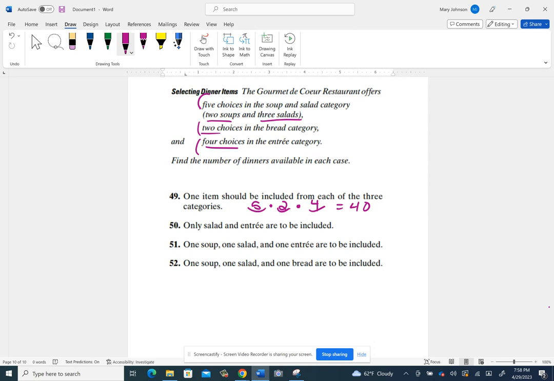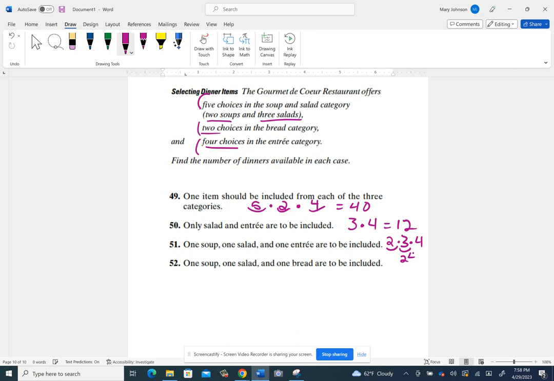Only salad and entree are being included. So salad, there's 3 salads, 4 choices for entree, so that would be 12 possible choices. Okay. 1 soup, 1 salad, and 1 entree are to be included. So 1 soup, there's 2 possibilities for soups. 1 salad, there's 3 possibilities for salads, and 1 entree, there's 4 entrees.